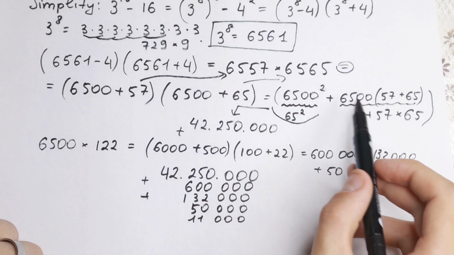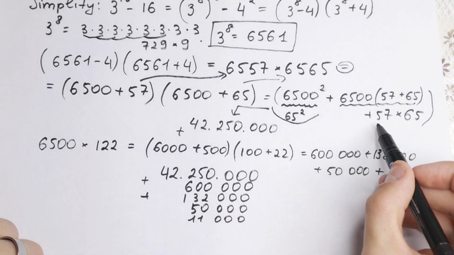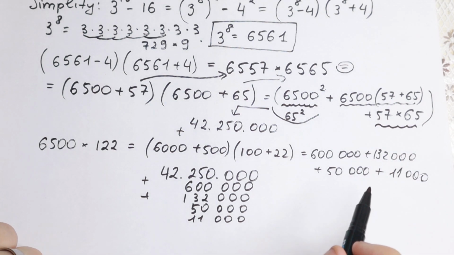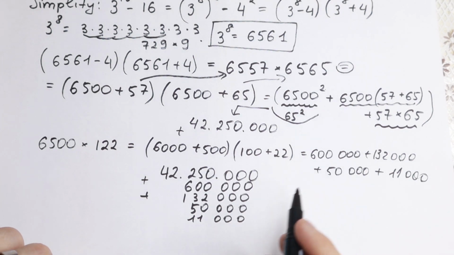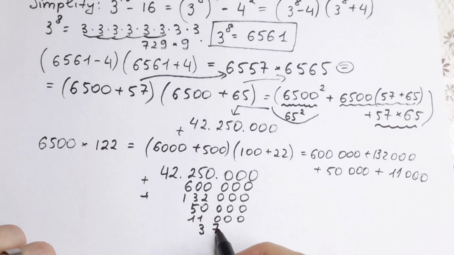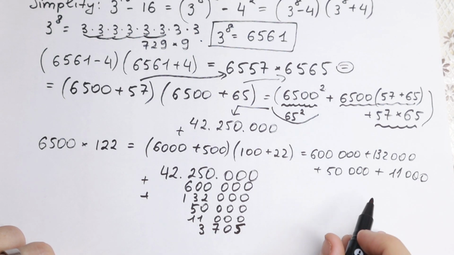And this is our second element, but in the end, we have 57 times 65. If you multiply it real quick, we have 3,705. If we multiply it in our head, we have this answer.